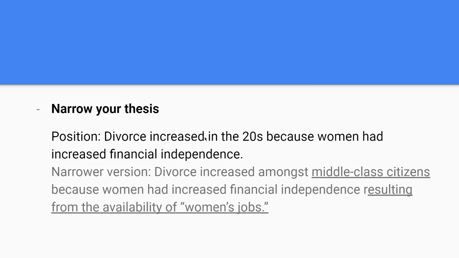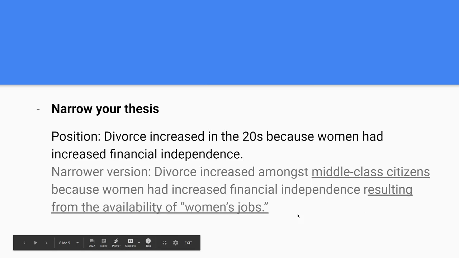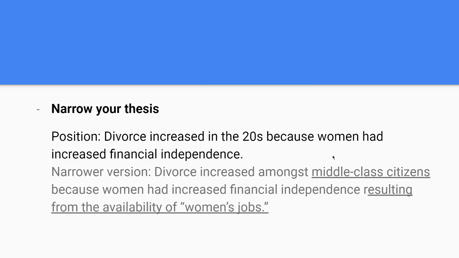Let me give you another example. If my position is divorce increased in the 20s because women had increased financial independence, I could narrow it down by saying divorce increased amongst middle-class citizens because women had increased financial independence resulting from the availability of women's jobs. So here I've specified I'm not talking about everyone. I'm not talking about rich people. I'm not talking about poor people.